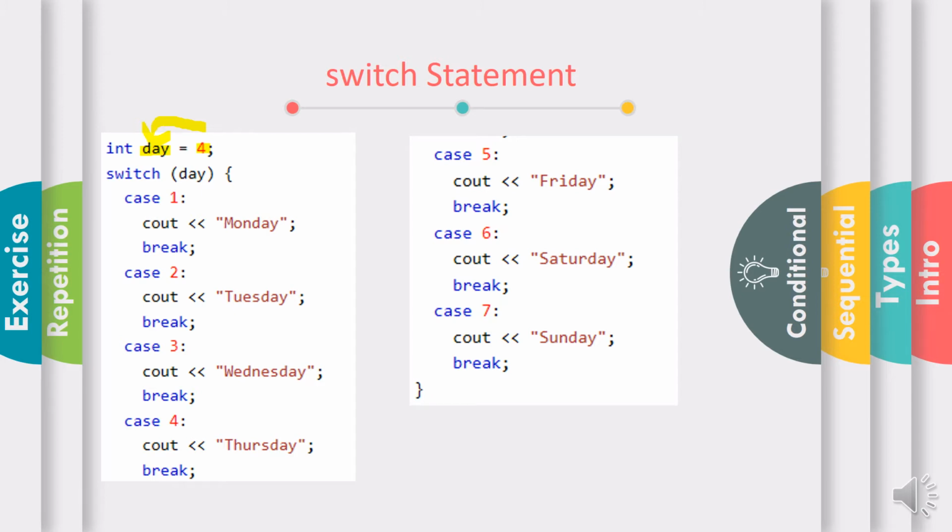Now, we are using the switch statement. We have written the reserved word switch, then within the brackets we have passed the variable day. Then this is the start of the switch statement.